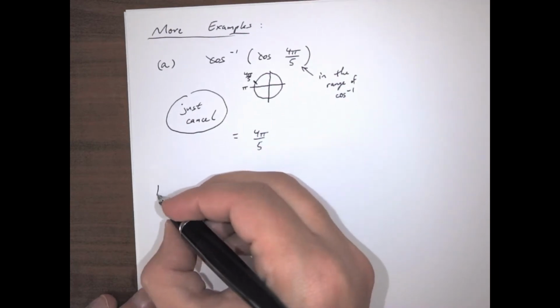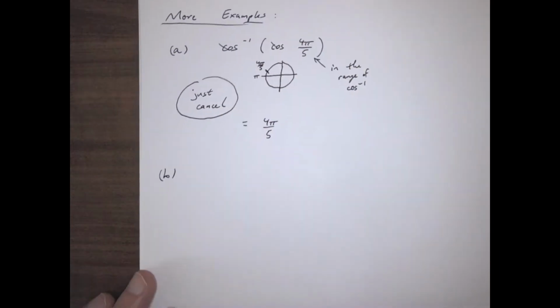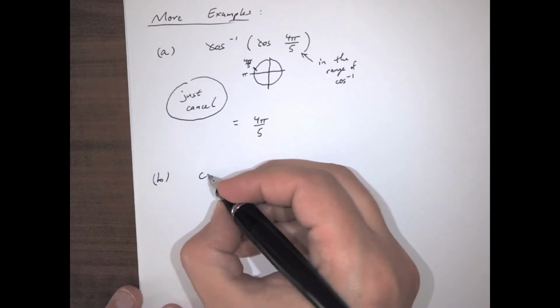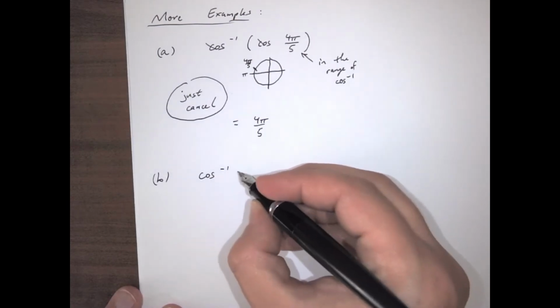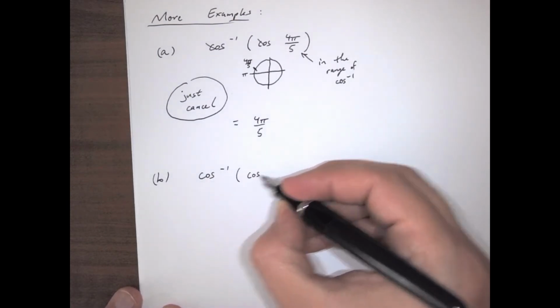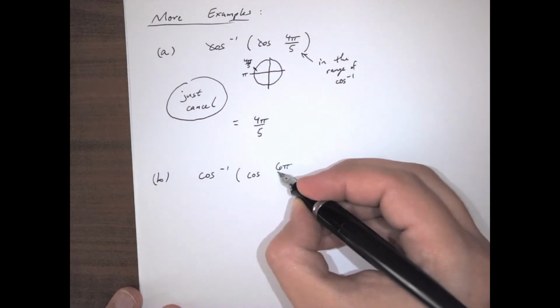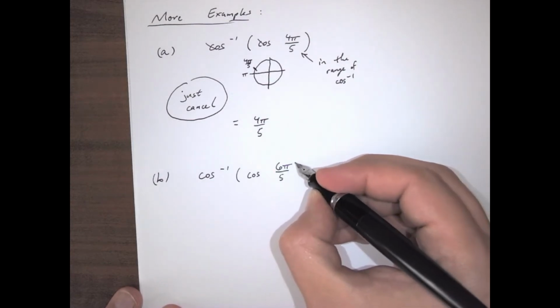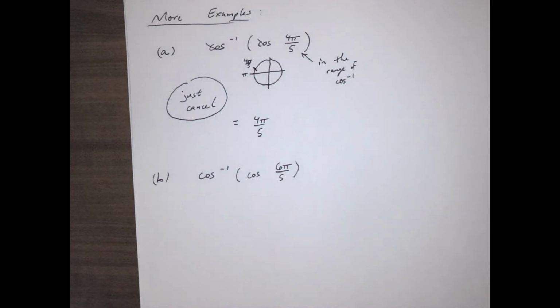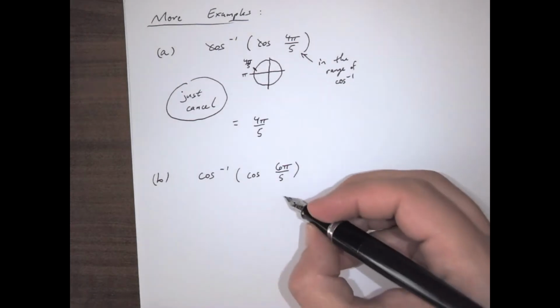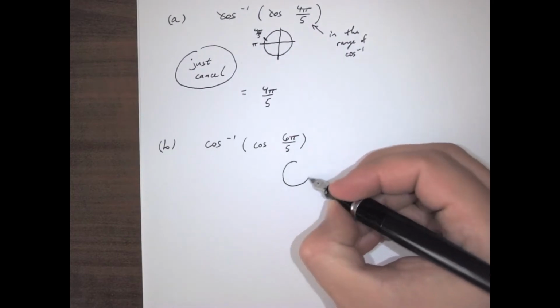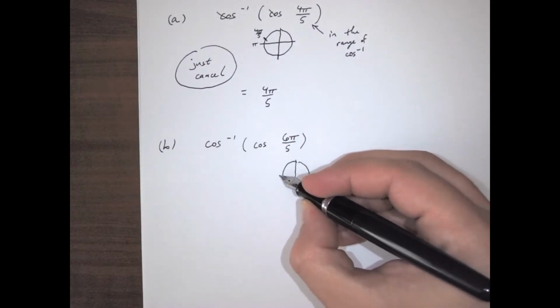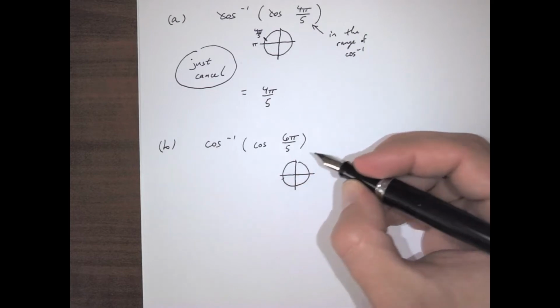Now, what if, though, exact same question had been asked, but cosine inverse of the cosine of 6 pi over 5? Well, then we'd be in a different situation now, because now we are looking at an angle that, instead of being just a little bit below pi, is a little bit above pi.